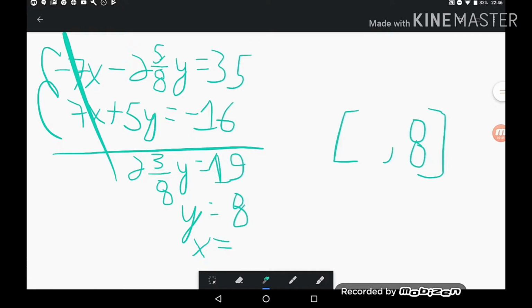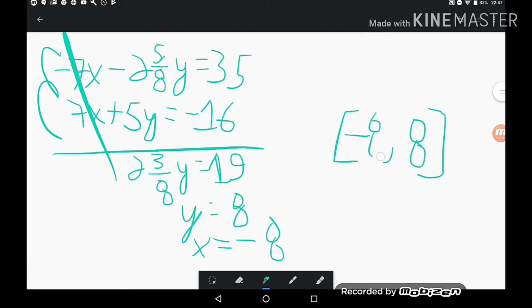So, now we know that something minus 21 has to equal 35. So we know that negative 7x has to equal 56 because 56 minus 21 equals 35. And to make negative 7x 56, x has to equal negative 8, because negative 7 times negative 8 equals a positive 56.